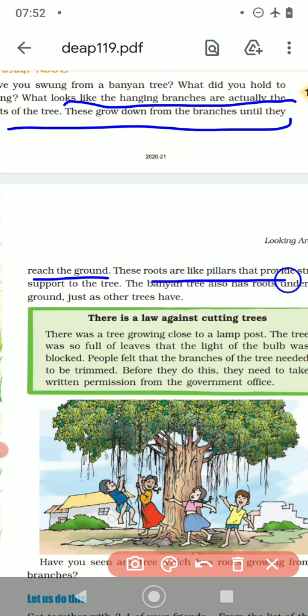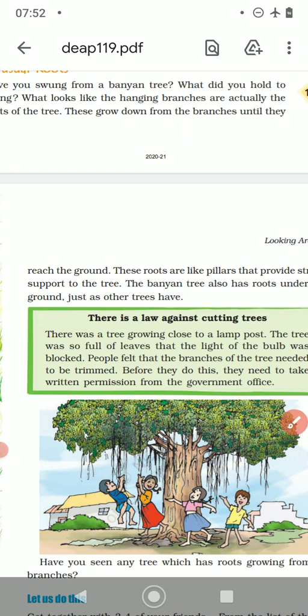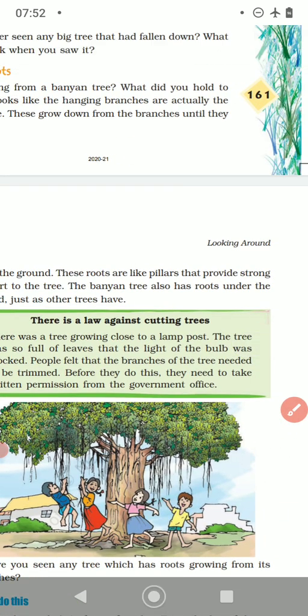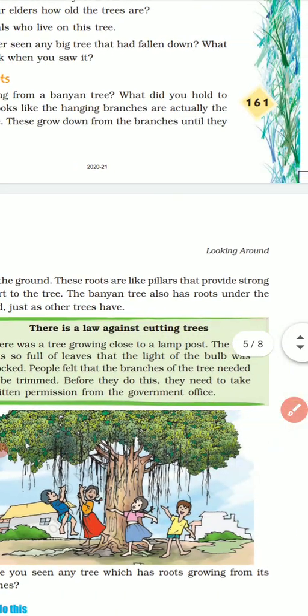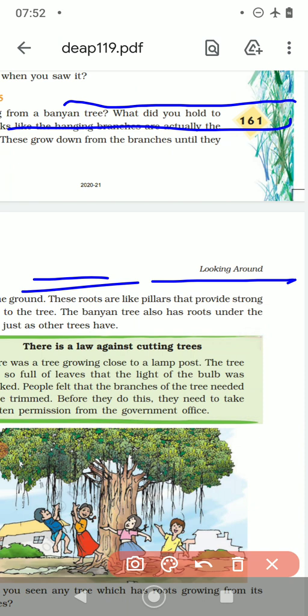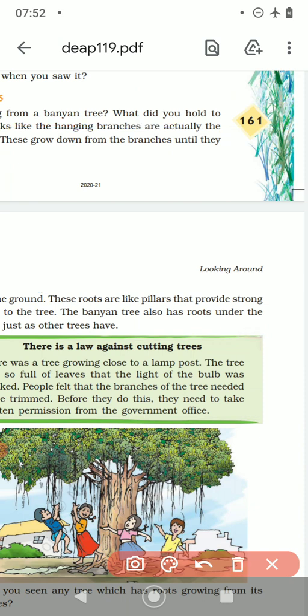These roots are like pillars that provide, this is important, strength or support to the plant. What do they provide? They provide strong support to the tree.